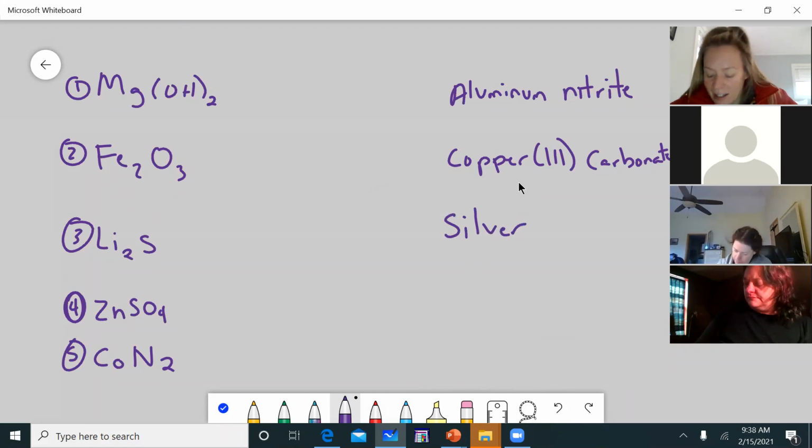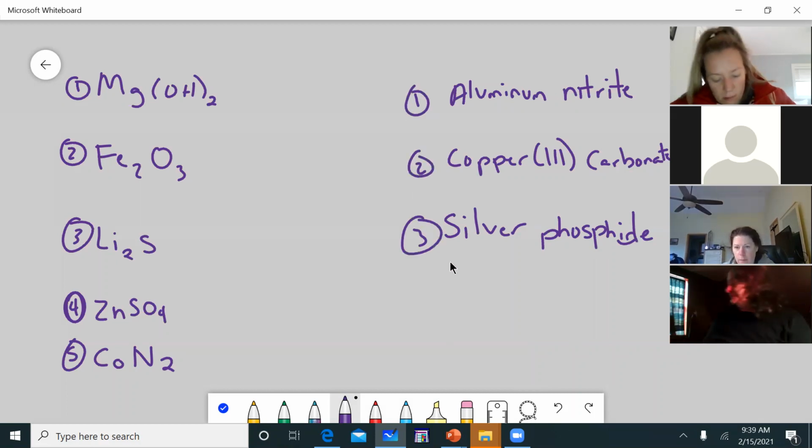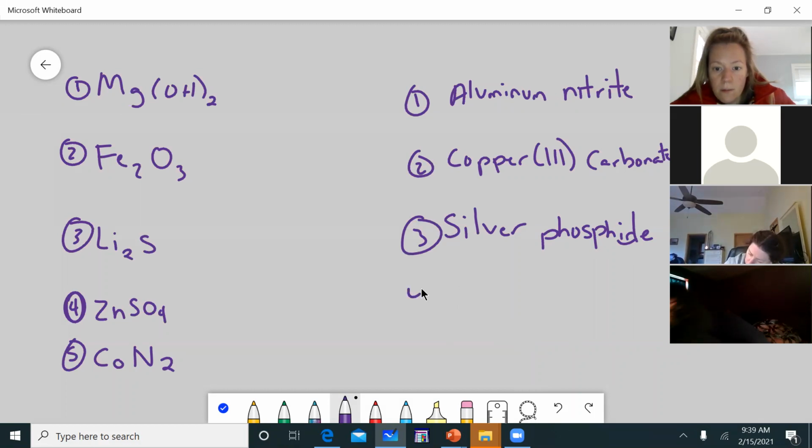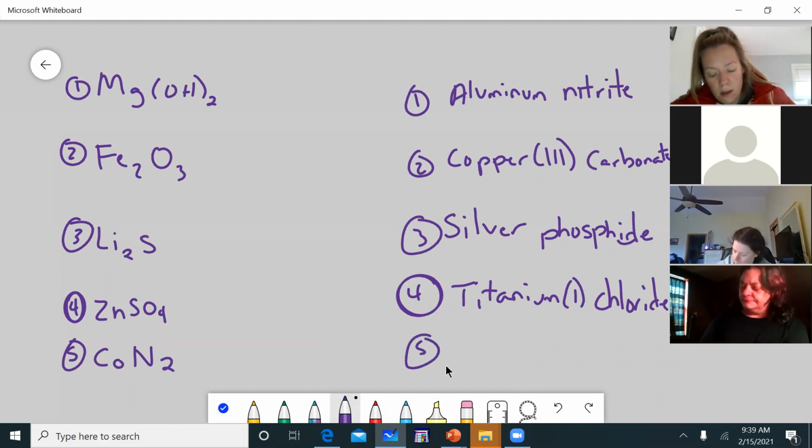Silver phosphide, IDE. Let's do titanium(I) chloride. Tin(V)... calcium nitride.